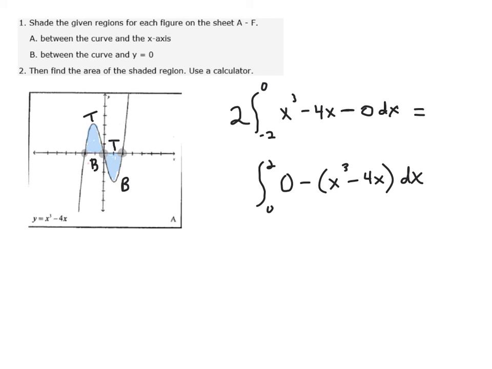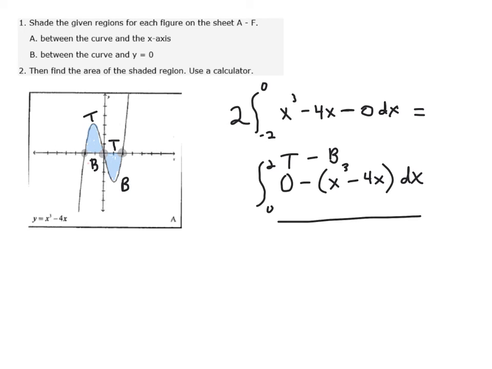Well, it's below, but what did I put in front of it? A minus, which means it's going to be negative, negative, which is positive. So this is actually going to get me the area, positive area, because I've done top minus bottom. Now, once again, I could put a 2 in front of it, or I could just add this top one and the bottom one together and get the same thing.